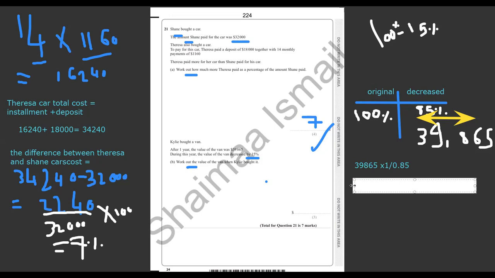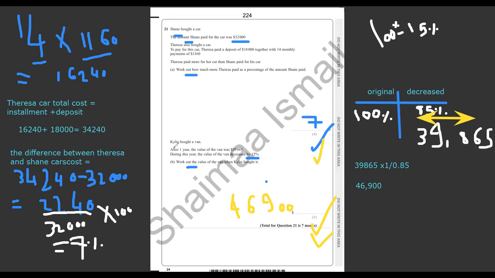Let's work out the value here. When you calculate, 46,900. So the final price here will be 46,900. And that's it. Make sure that you solve all the questions on one page. Okay, let's see the next.